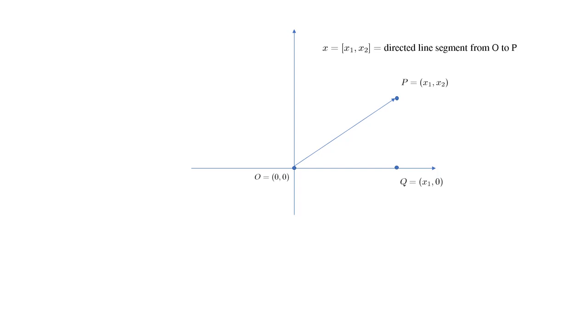So this is x1 here, this line here from O to Q. This has coordinates x1, and x2 goes from Q to P. So, of course, we have a right angle triangle here, x1, x2, and the length of the line is the square root of the sum of the squares. Well, we've applied the theorem of Pythagoras to two-dimensional space.